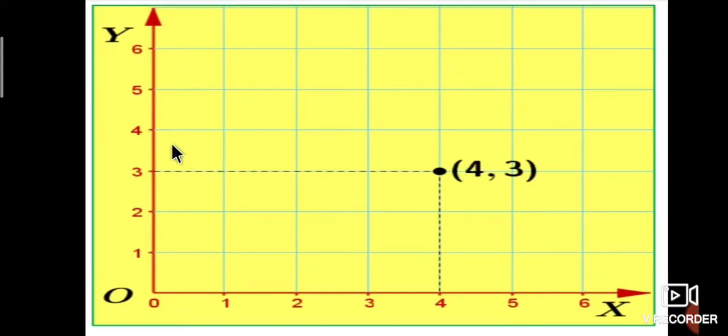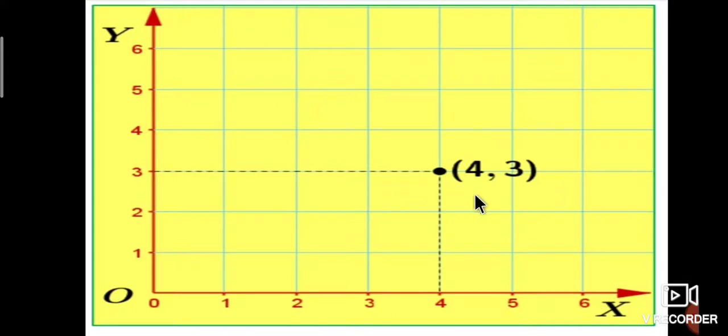Okay, this is Y O X O. That is called 4, 3. You observe that one. O Y O X 0, 1, 2, 3, 4, 5, 6.